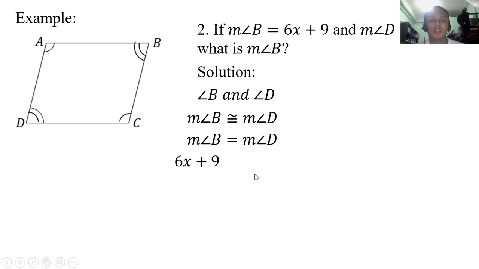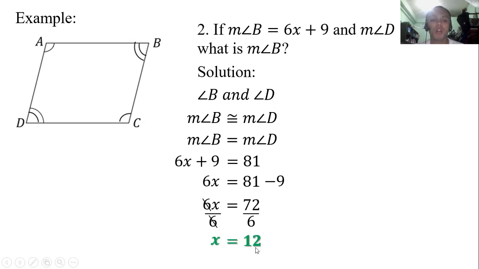Here, 81. And then transpose 9 to the other side, then we have 6x is equal to 81 minus 9. 81 minus 9 is equal to 72. Then divide both sides by 6, cancel this out, we have x is equal to 72 divided by 6 is equal to 12. So kung 12 na yung x, then your measure of angle B is equal to 6x plus 9.